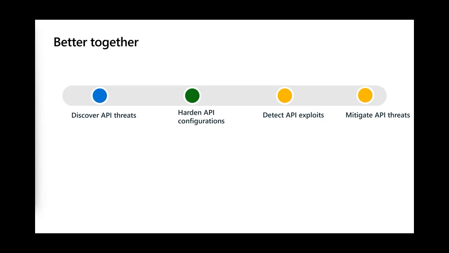You can use workflow automations in Defender for Cloud to achieve this sort of integration, better together story, and ability to tune your policies to ensure your APIs are secure. In this fast-paced world of digital transformation, an integrated approach to API management and security can provide the necessary edge that you would need to stay competitive and secure.